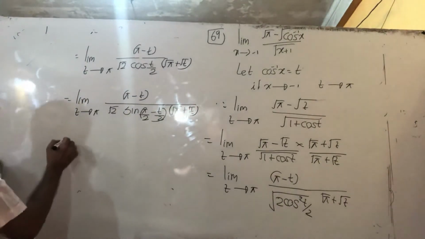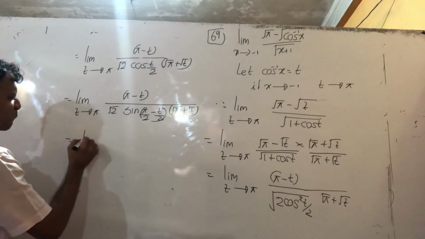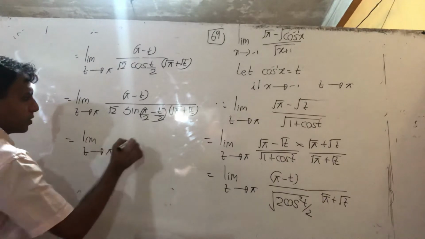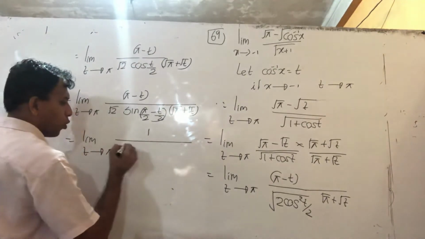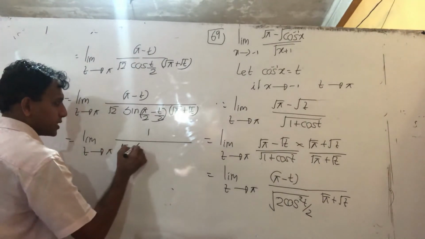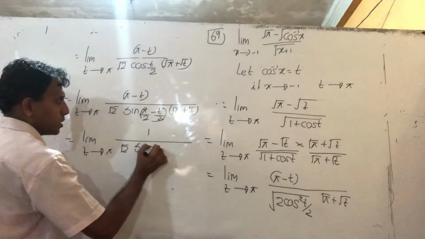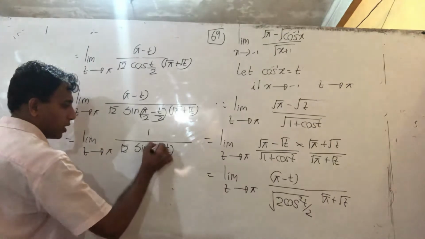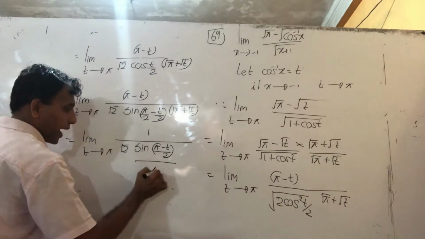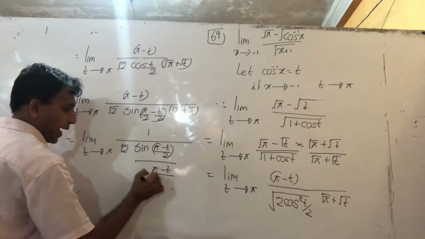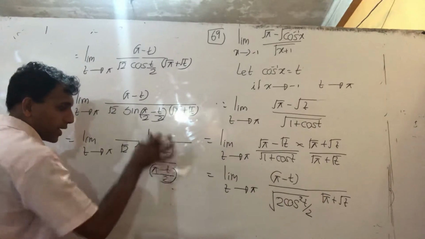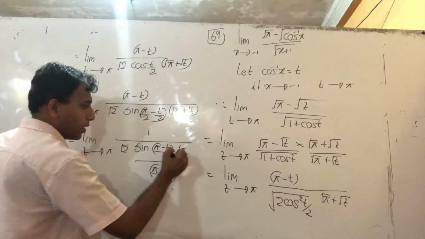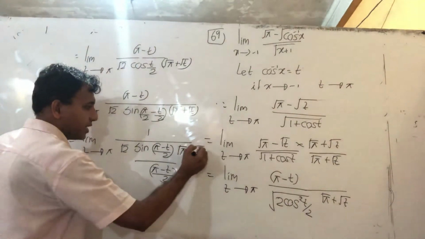Now rearrange this form. Limit t tends to pi. Can I write this as 1 over square root 2 available, sine, can I say pi minus t over 2, then below without that sine part angle, sine theta over theta into root pi plus root t, right?